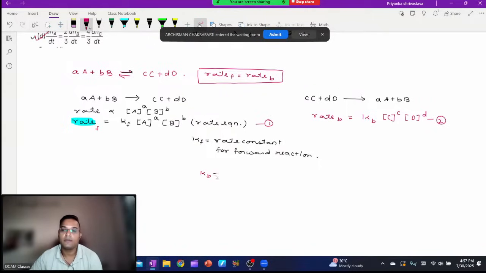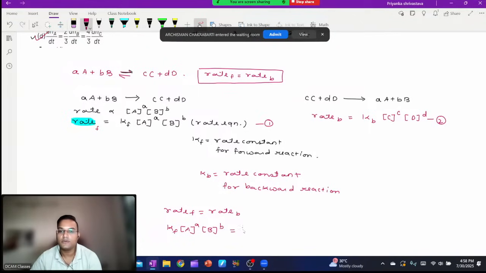Let me write Kb also: Kb is the rate constant for backward reaction. So rate of forward is equal to rate of backward. I will write Kf into A power a into B power b is equal to Kb into C power c into D power d.